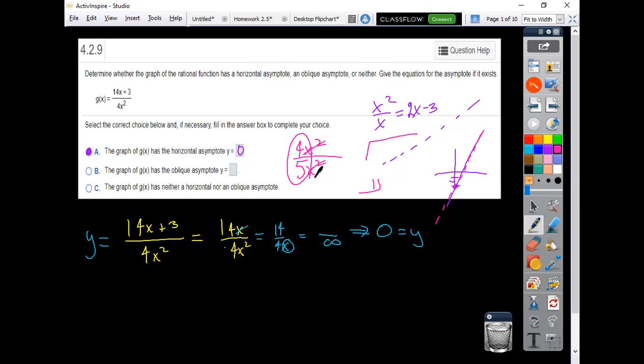If they're the same, then it's going to be the coefficients of those leading terms in the numerator over the denominator. So that's how you're going to work with the slanted line, sometimes called the slant asymptote, sometimes called oblique. So 4.2.29.